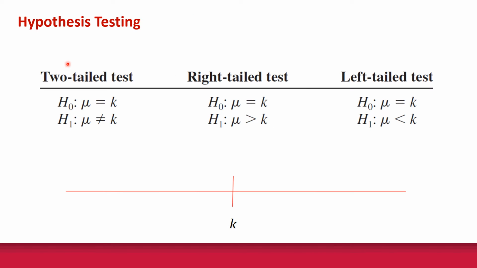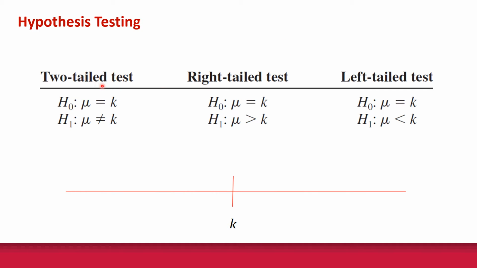So in hypothesis testing, you basically have three different areas. Let's take a look, for example, at comparing the mean of a population. So let's say we are interested in determining how the mean falls with reference to this value k. So k is what we've sampled. This is our sample mean, for example. And there are three ways you could do this.